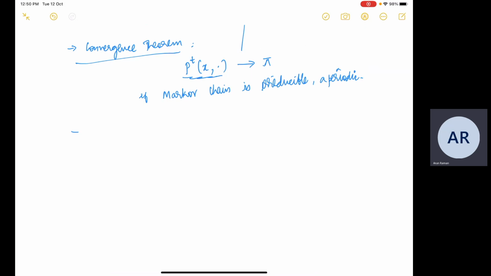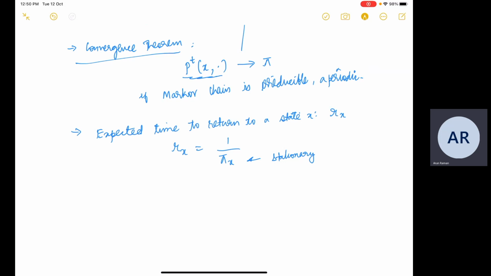This was one of the things that I wanted to discuss, and the next thing is the expected time to return to a state X. Let us say this is R of X, then R of X is given by 1 divided by pi of X, where pi is the stationary distribution.